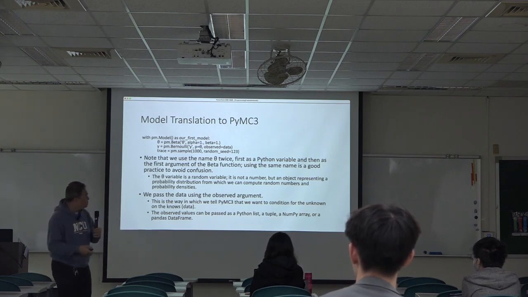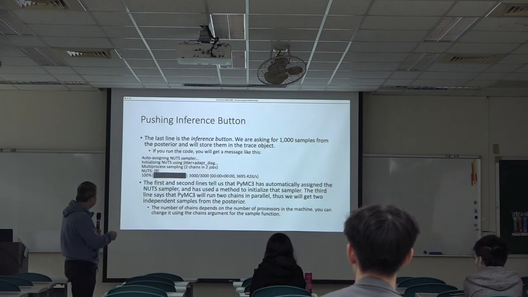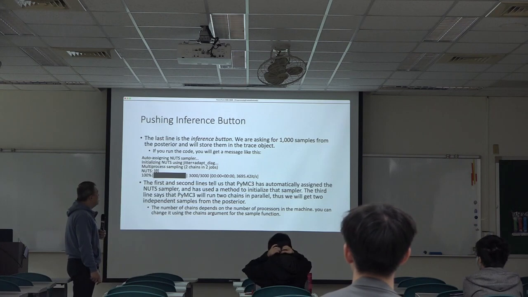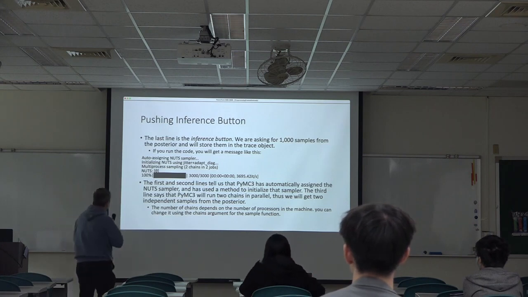It will just generate this, the inference button. So we are asking for 1,000 samples from the posterior, and we will store them in the trace object. If you run the code, it looks something like that.